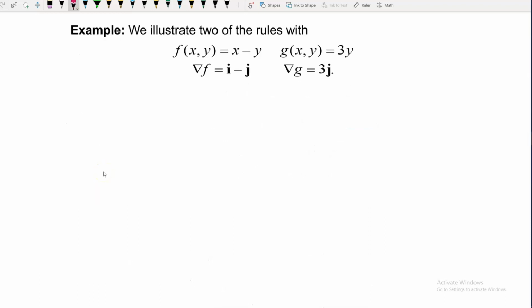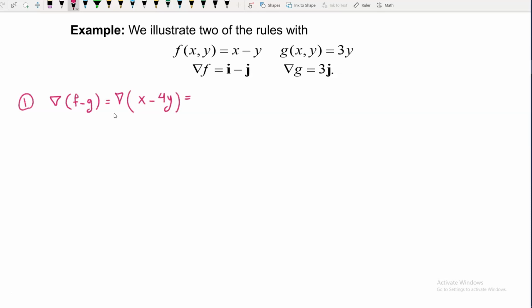So here, for example, we have f of x, y equal to x minus y, and g of x, y equal to 3 times y. Gradient of f is equal to i minus j, and gradient of g is equal to 3j. So in this part, we have gradient of f minus g, it is equal to the gradient of x minus y minus 3y, so this is x minus 4y.